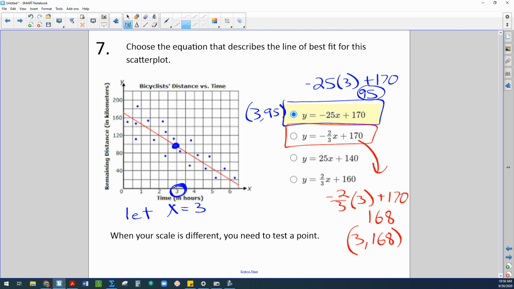So 3 and 168 is nowhere close to the data. So when you have a different scale, you need to test a point.